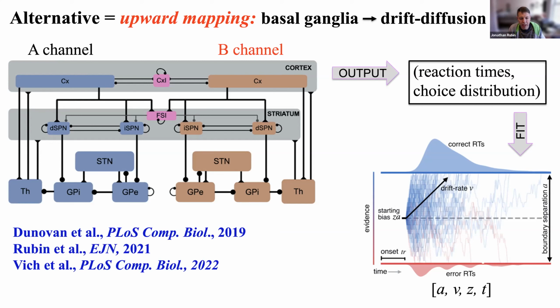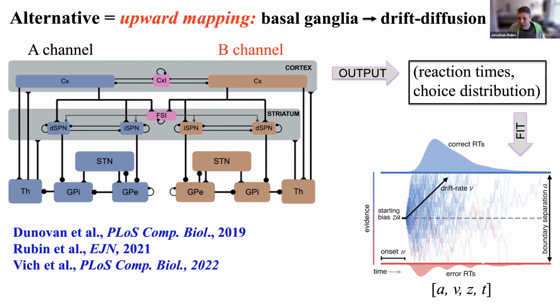The idea is to use that relationship to infer the contributions of the different basal ganglia components to this algorithm of decision making. That's the idea, and I'll show you a little bit of how it works, and you can think about whether you think this is helpful or not.